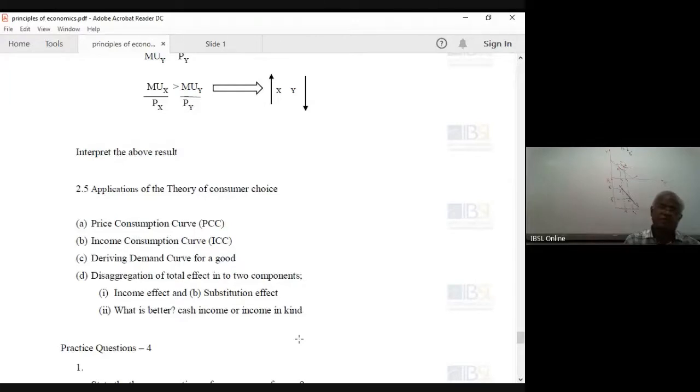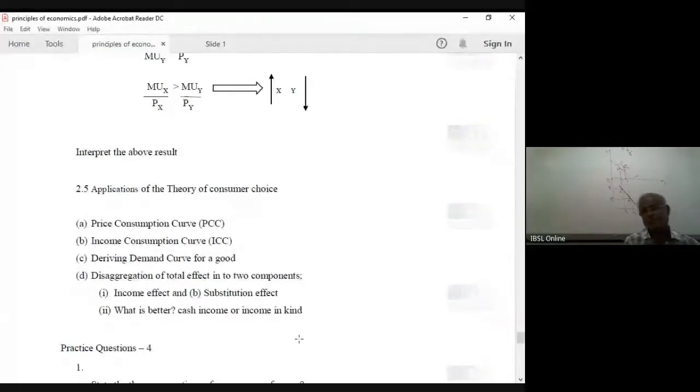Of the total effect, one component is the income effect. Price decreases, he increases the consumption, due to the real income effect. Because when the price of X decreases, your overall purchasing power, real income, increases. Therefore, you can afford more of that good.